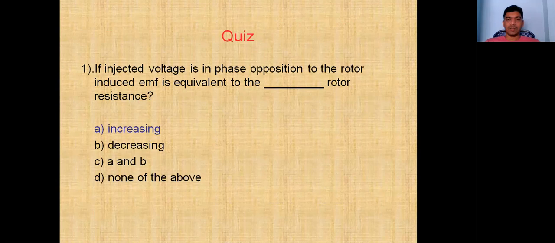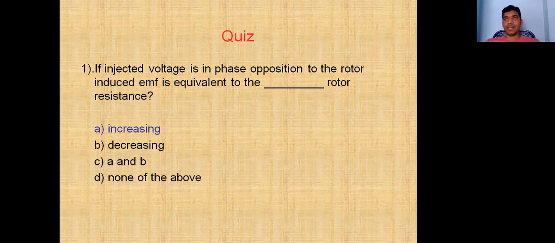So increasing the resistance or decreasing the EMF, both do the same.